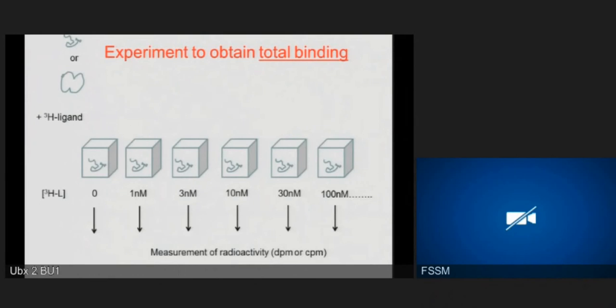The buffer depends on the protocol, and it is often specific for the ligand you want to bind on the receptor.